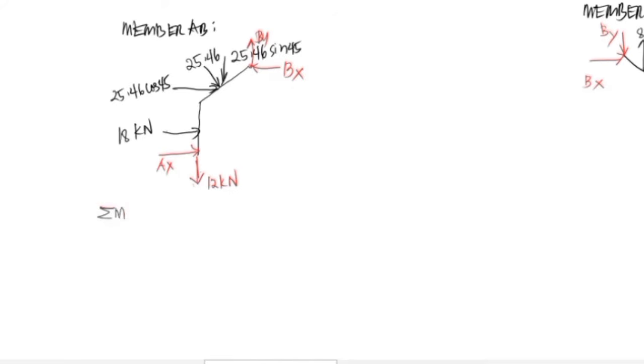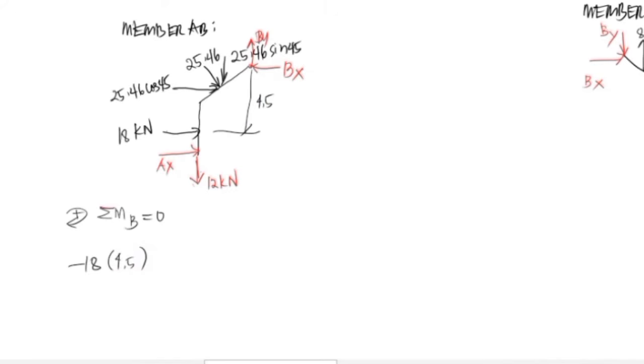Summation of moment at point B is equal to 0, taking the clockwise direction as positive. So we would have 18 kilonewton that will create a counterclockwise rotation. So negative 18 multiplied by the distance of 4.5, so that's 4.5 meters.